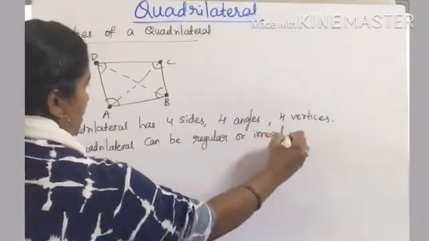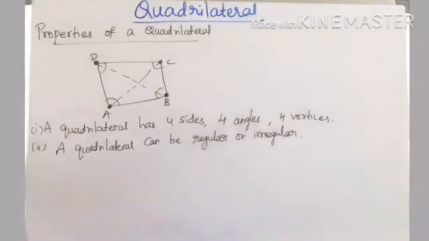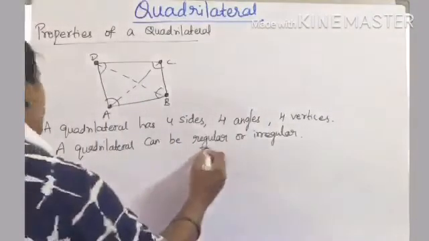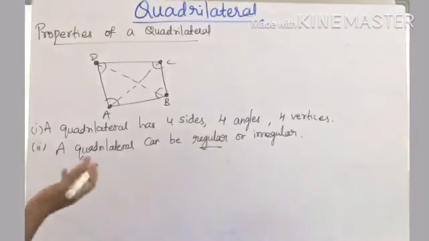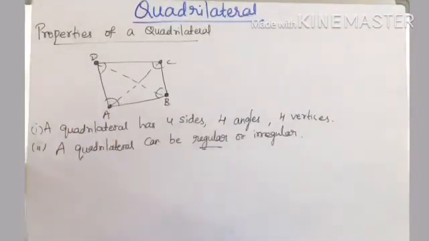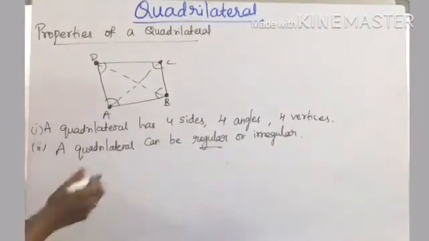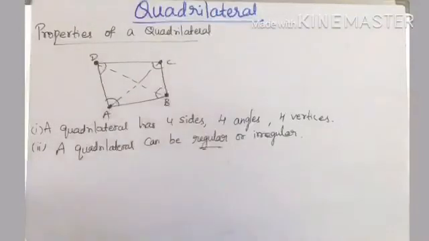Now tell me what is regular. Regular means a figure in which all sides are equal and all angles are equal, then we can say it is regular, right? Irregular means the opposite of regular, having different measurements, okay? Regular means having the same shape, equal sides and equal angles, right?